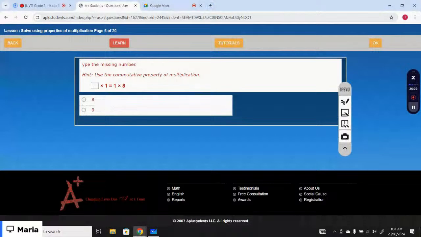Type the missing number. Which number is missing?